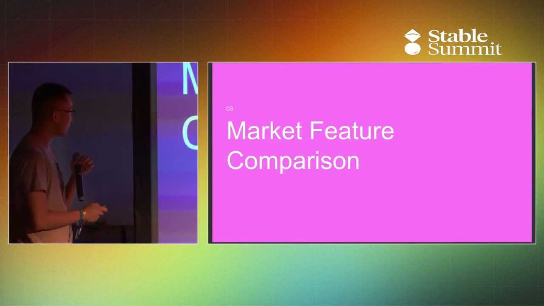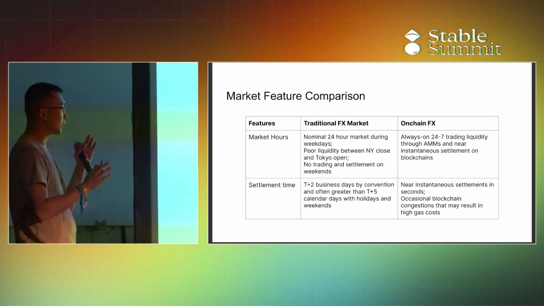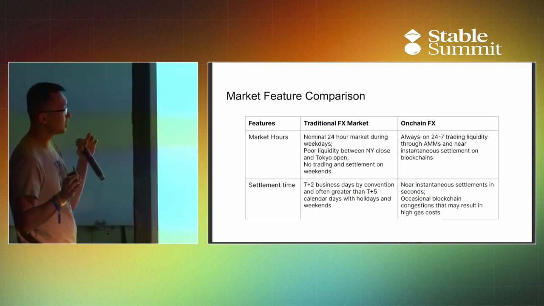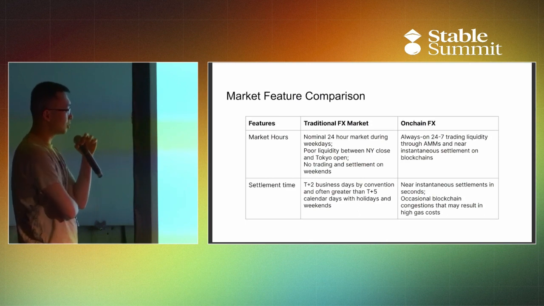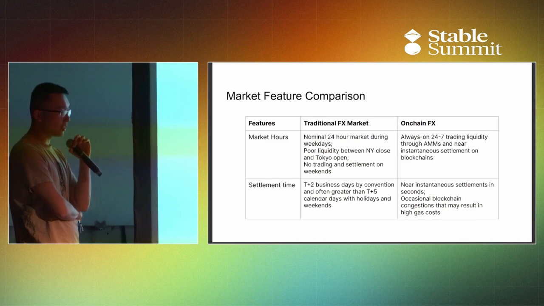Market structure comparison, or market feature rather. So in the traditional FX market, you have this nominal 24-hour market during weekdays, and really poor liquidity between New York close and Tokyo open, and very little trading and settlement on weekends.